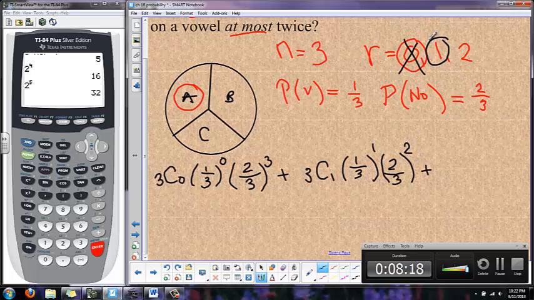And then my last one, forget about that 1. I'm only looking at the 2. This is going to be 3 choose 2. I want to land on a vowel twice this time. That means I'm not going to land on a vowel once. And then I need to go through and simplify this.